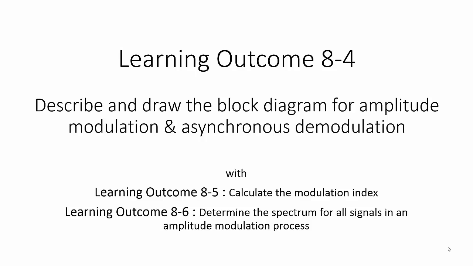Learning Outcome 8.4. Describe and draw the block diagram for amplitude modulation and asynchronous demodulation. This is together with Learning Outcome 8.5, calculate the modulation index, and Learning Outcome 8.6, determine the spectrum for all signals in an amplitude modulation process.